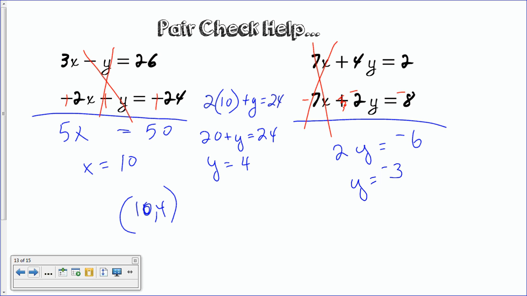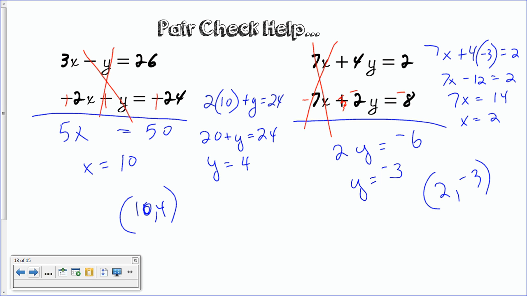Okay, which one do you want to plug it back into? Top one? Got it?